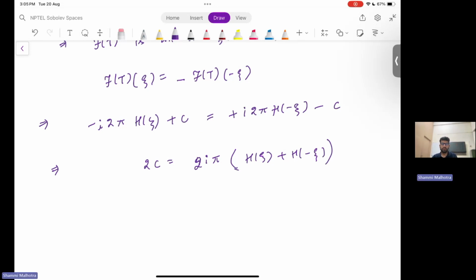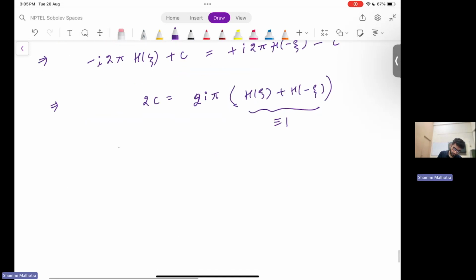So what is Heaviside of xi plus Heaviside of minus xi? This actually is nothing but one constant, identically one only. So that will imply the constant is nothing but iota pi only.